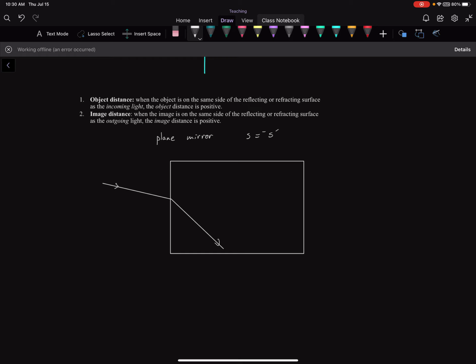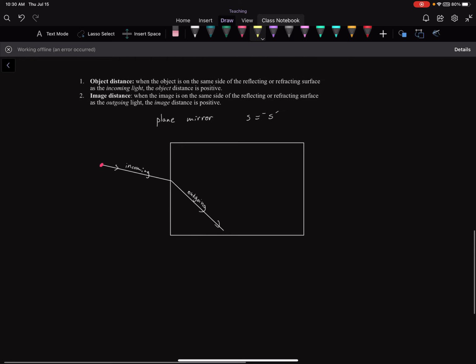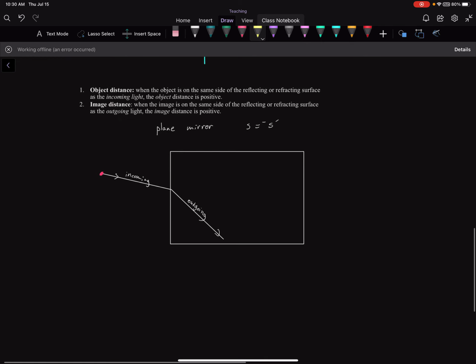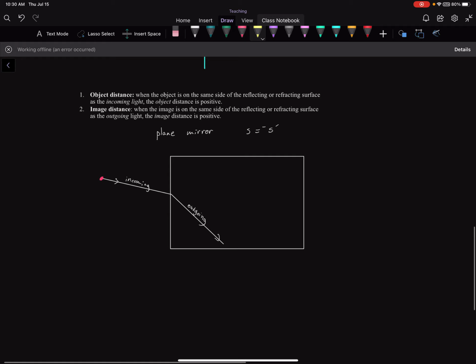And so you have incoming light and outgoing light. And this would be the object that the light is coming from, and somewhere in here, let's see. Actually, this is the same deal as the fish.